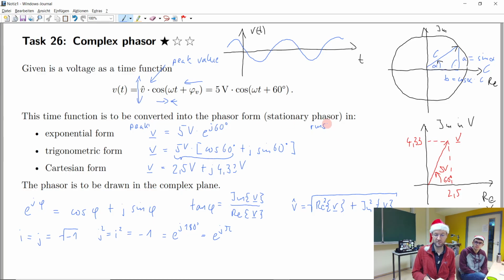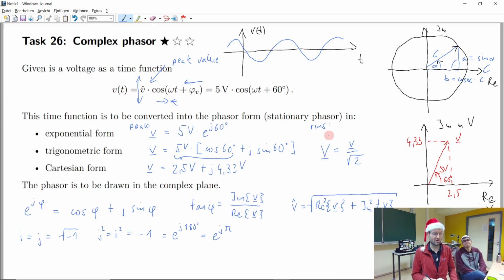And for these RMS phasors, we would use a capital letter, maybe I need to write here so that I have more space. So this is now a large V. And yeah, maybe I just write one quick conversion. The RMS phasor is just the peak phasor divided by square root of 2. So whatever you have here, you divide by square root of 2, and then you get this RMS phasor.